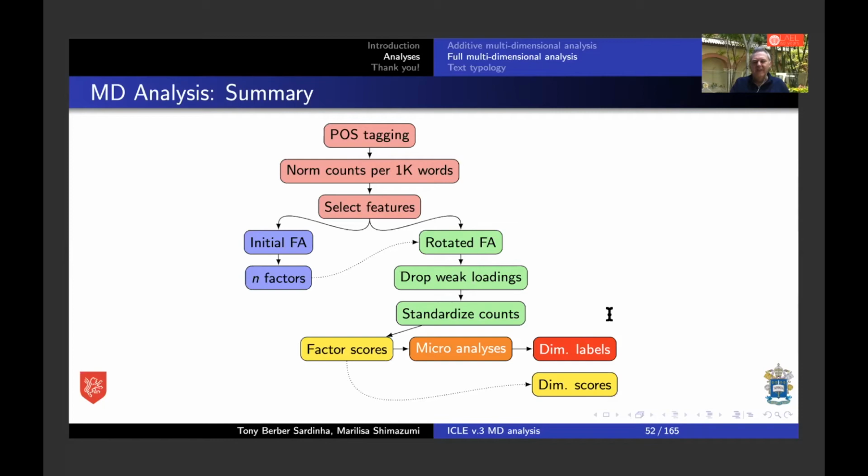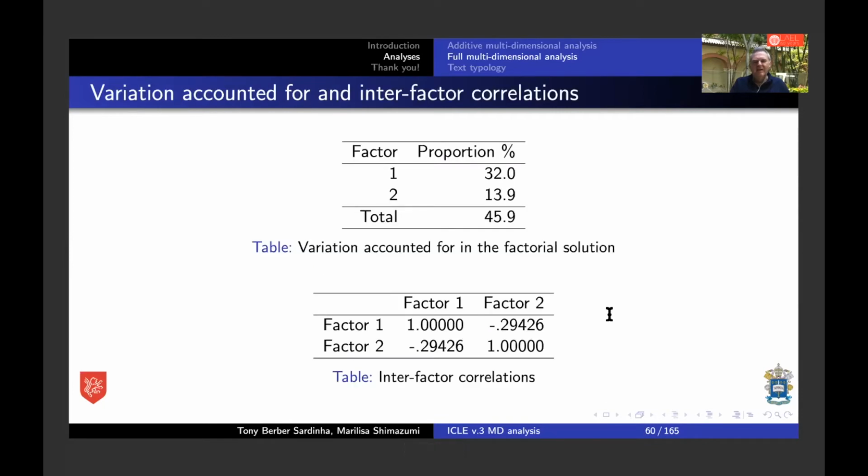So how much variation did we account for? We accounted for around 45%, which is a good chunk. It might not look like much, but in terms of MD analysis, this is pretty good. And the factors, there's some correlation between them, but they're pretty independent, I would say.